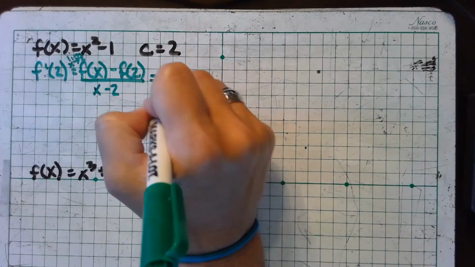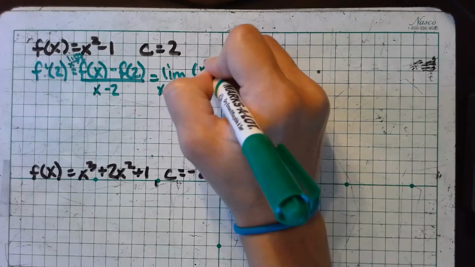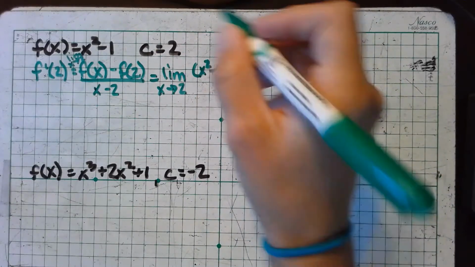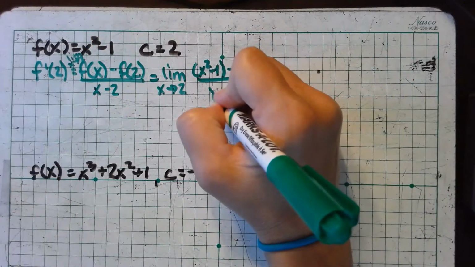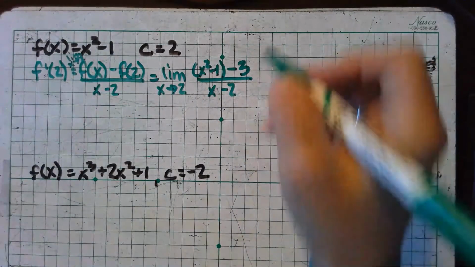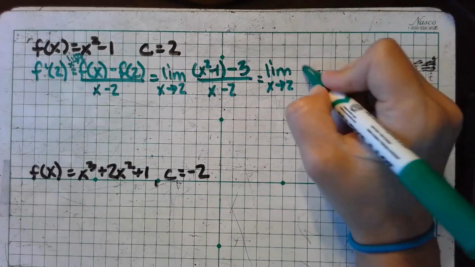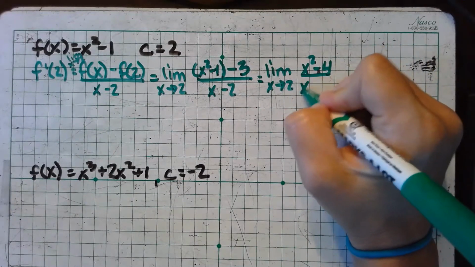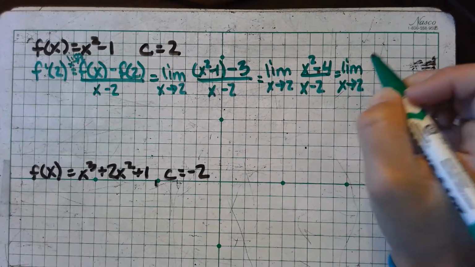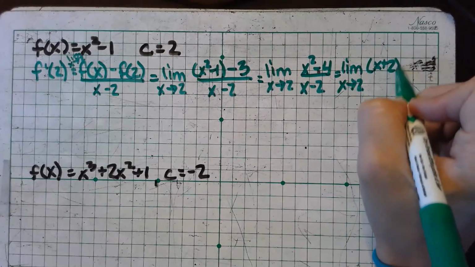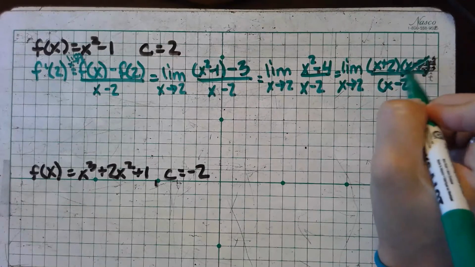So this is the limit as x approaches 2 of f of x, which is just x squared minus 1, minus f of 2, which is when I plug this in here, 2 squared is 4 minus 1 is 3. All right, so let's reduce this. The limit as x approaches 2 of x squared minus 4, but remember, that can get factored into x plus 2 times x minus 2, and the x minus 2's can cancel out.